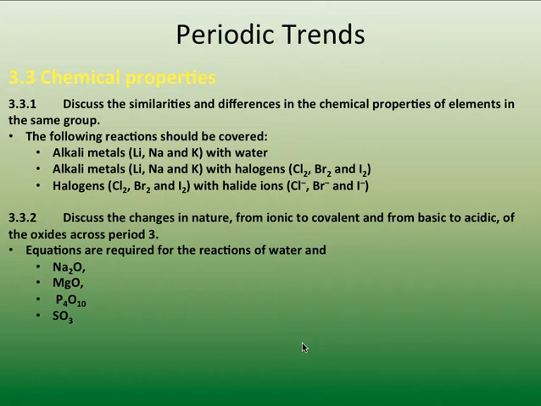And then we're going to discuss the differences in the nature from ionic to covalent, basic to acidic, of the oxides across period 3. You are going to be required to know the reactions for water reacting with the oxides of the elements of period 3.